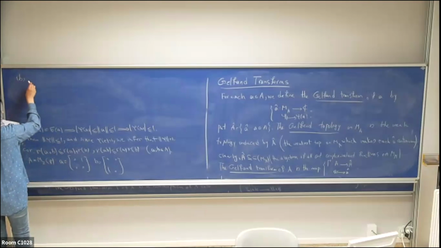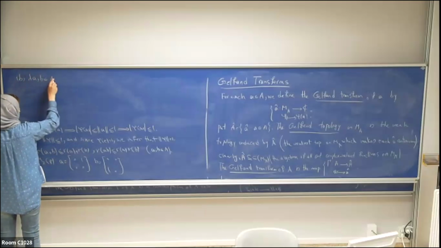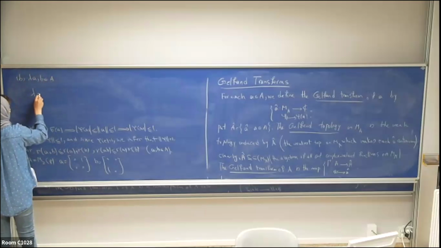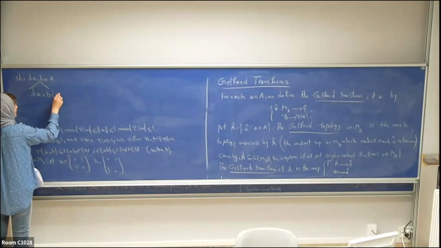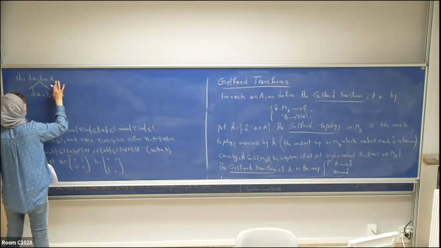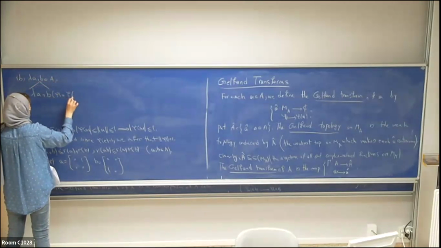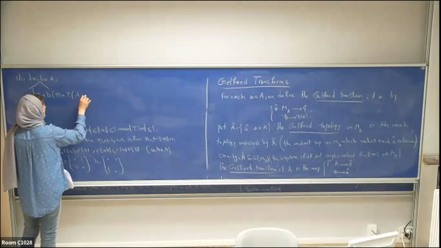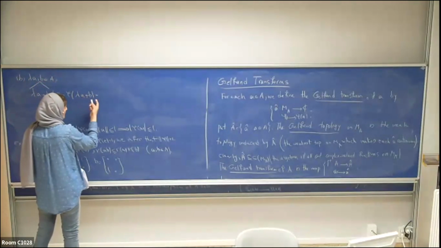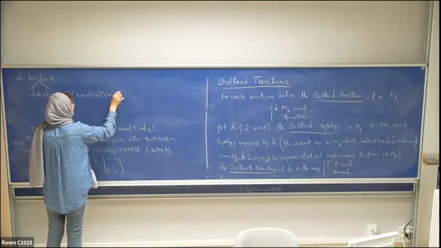For example, let a and b be in A, and lambda a scalar. So lambda a, the Gelfand transform of this function at phi, where phi is an element in M of A. According to the definition of the Gelfand transform, we have lambda a plus b at phi, and phi is a linear functional, so lambda times phi of a plus phi of b.